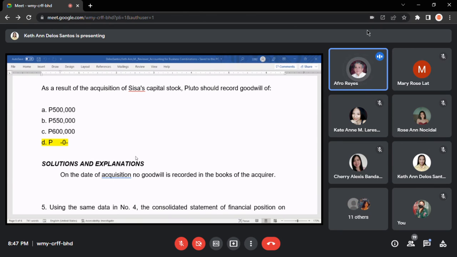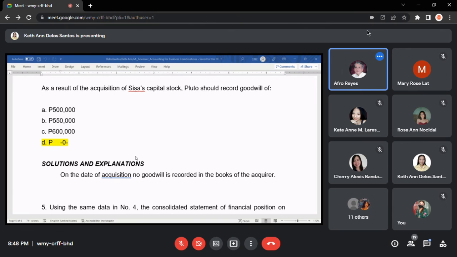Now, dapat meron ding libro, separate, yung consolidated entity, no? Dapat meron din kanyang libro yun. Okay. So, after consolidation, lumalabas na may goodwill. So, yung goodwill na na-complete mo, hindi mo i-record sa book ng acquirer. Hindi mo rin i-record sa book ng acquiree. Doon mo siya i-record doon sa libro ng consolidated entity.